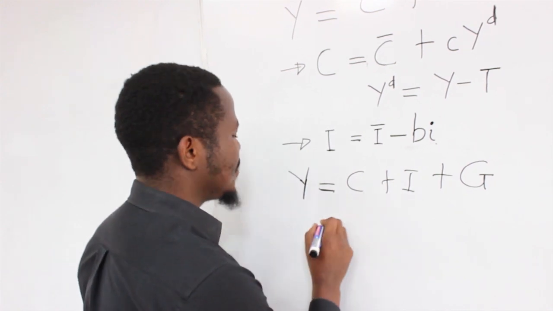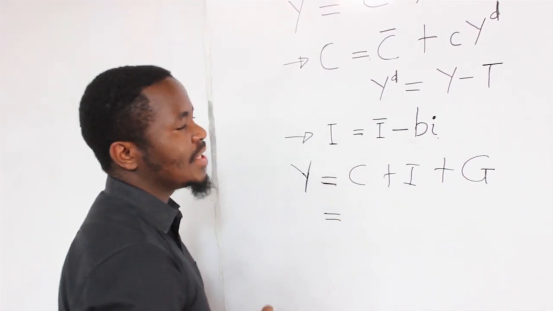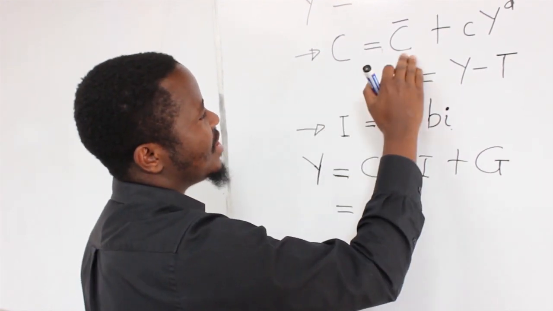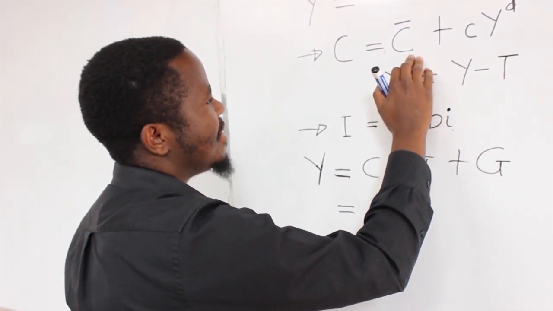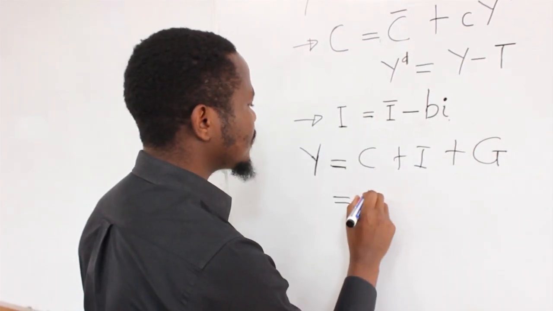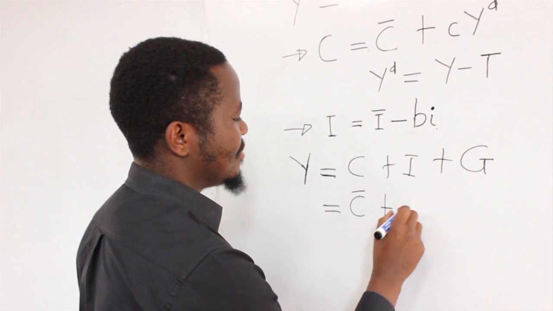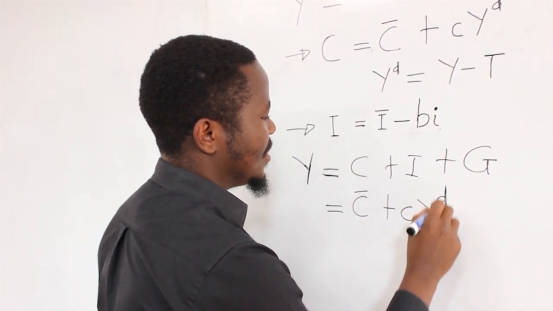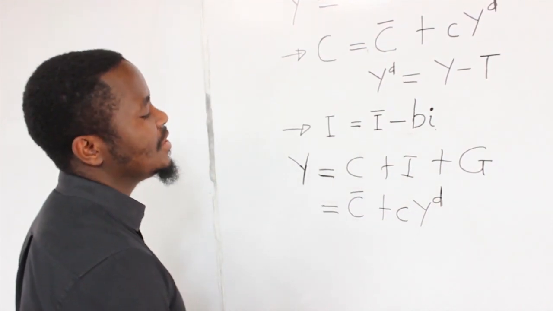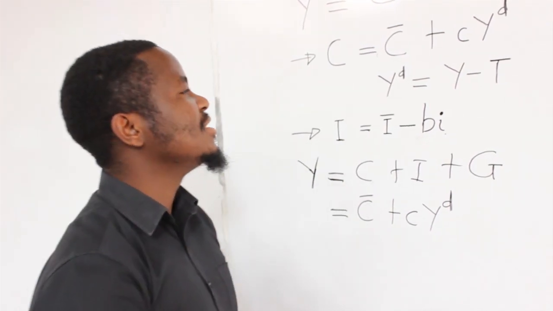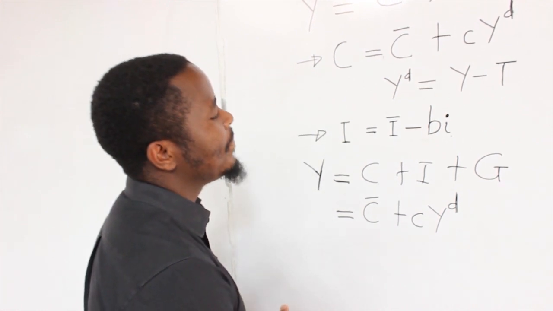So putting it into perspective, our equation becomes Y is equal to, where we have C, we are going to put C bar plus CYD, where C bar, remember, is the autonomous consumption, or the level of consumption that does not depend on the levels of income. And the CYD is the level of consumption that depends on the disposable income.